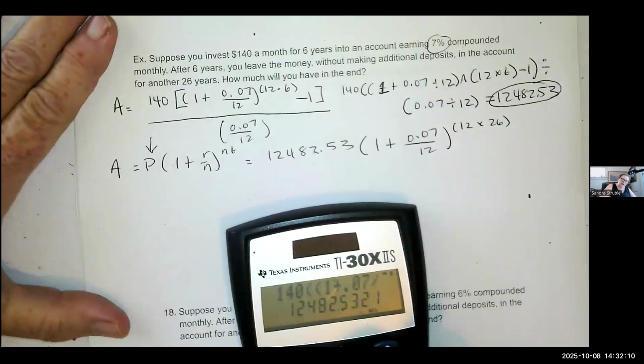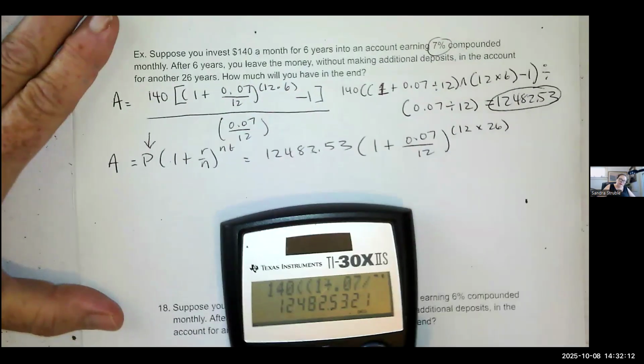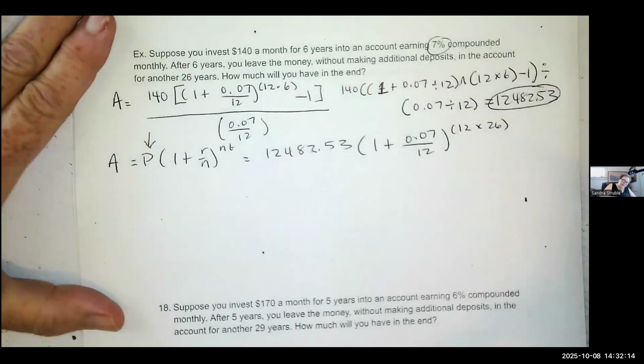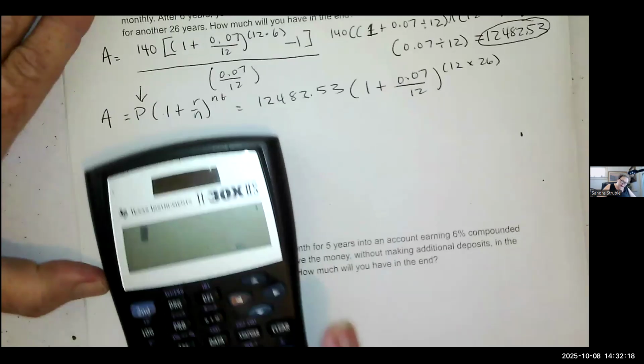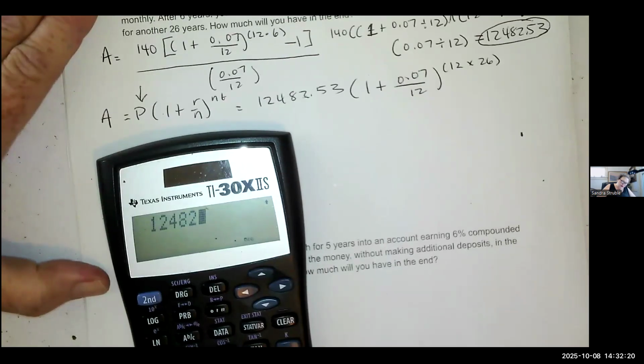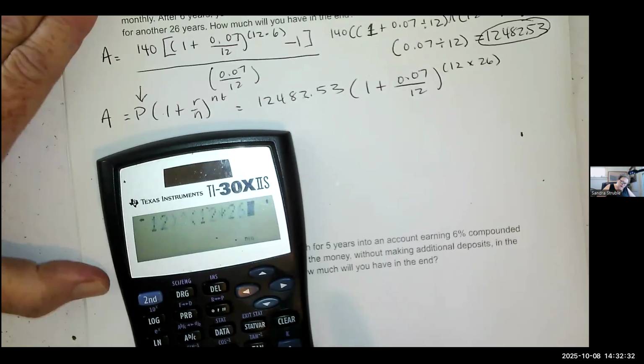Okay, please note the difference in the years. Be careful with that. Putting this in your calculator, just clear the calculator. 12,482.53, open, 1 plus 0.07 divided by 12, close, caret, open, 12 times 26, close, and equals.